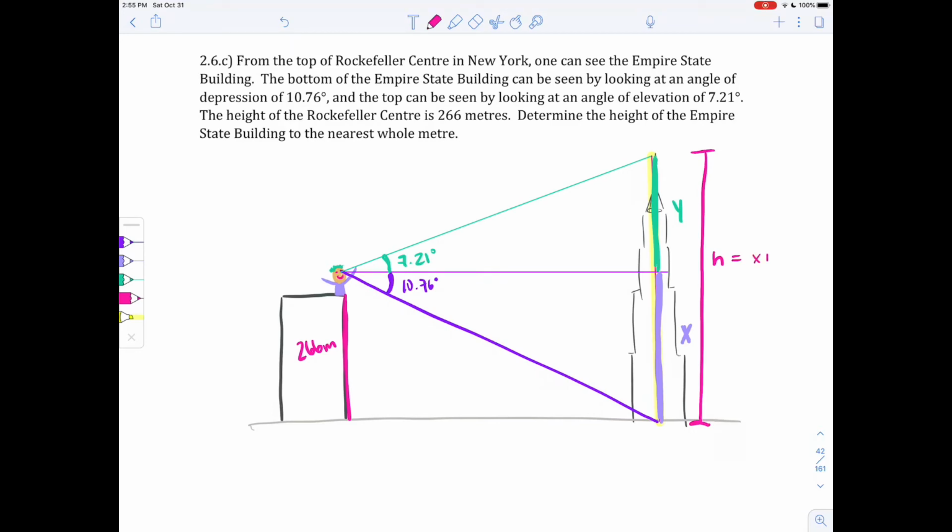So we could say h is x plus y. Now, in the question, we were given that the Rockefeller Center is 266, and that's going to be the same as my x value. So I actually already know what that x value is. 266. Nice. So instead of having x there, I can put 266 plus y.